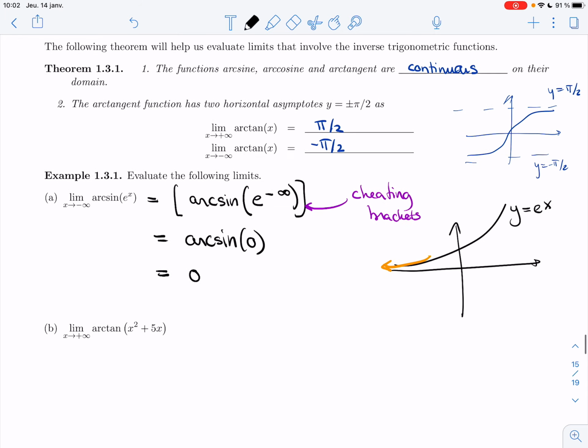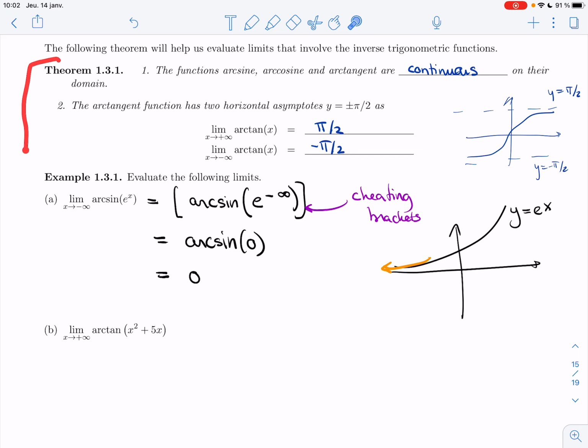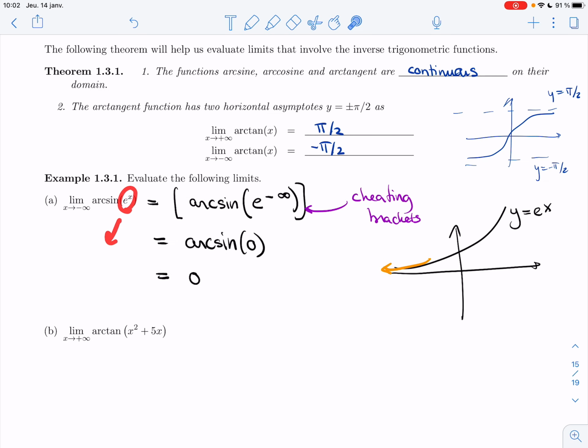All right, so one question you may ask is, I don't think I've used theorem 1.3.1, so why did we need it? Well, you know the interior goes to 0. And so one thing I'm using that I haven't mentioned is that the limit as x goes to minus infinity of arcsine of e to the x, because the interior part is going to 0, is equal to the limit as, let's call it w, goes to 0 of arcsine of w.